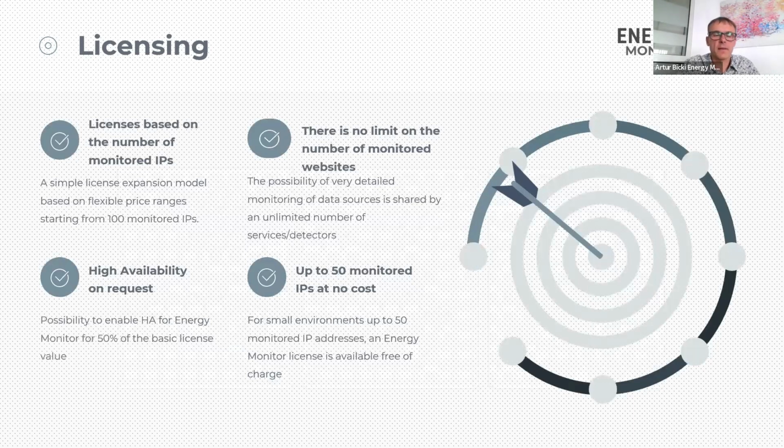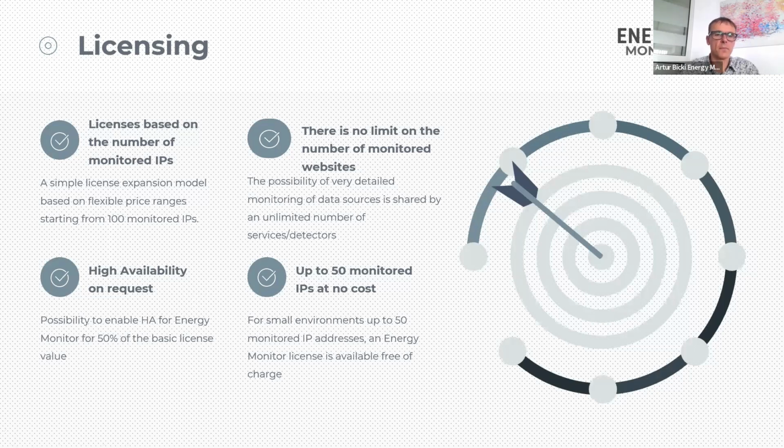That means that the license is based on number of devices under control. And this is the most important component when we talk about the price of the system, the license. High availability components are also licensed.